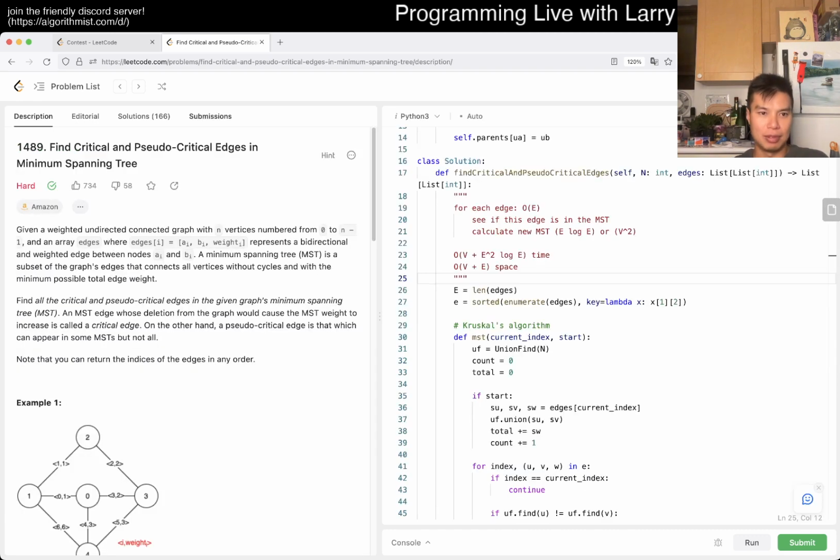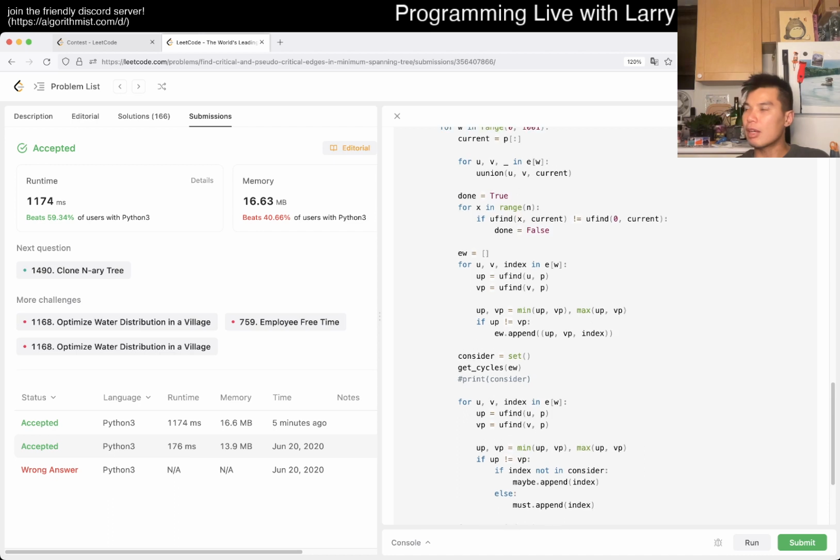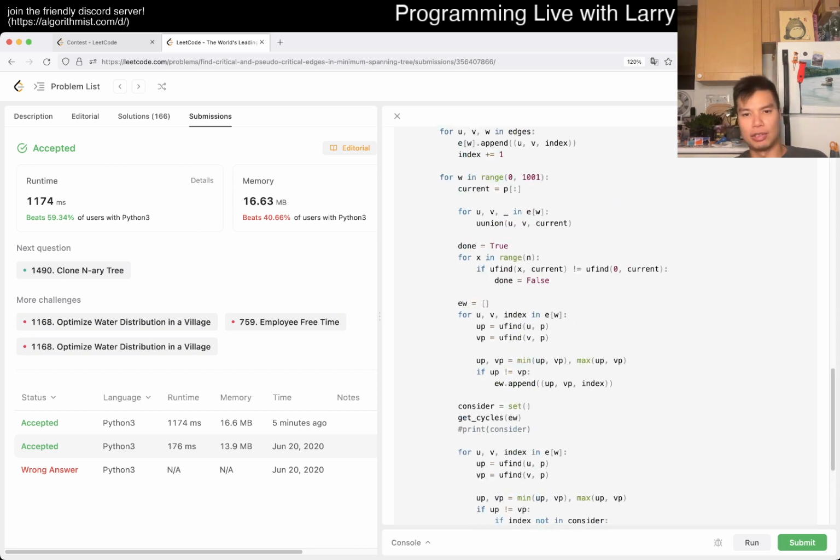And those edges are either critical or pseudo-critical, because by definition, it means that... an interesting observation is that all the critical and pseudo-critical edges all have the same weight, because there's only one instant in time in which everything becomes connected, and then there are only a couple of cases, I guess.